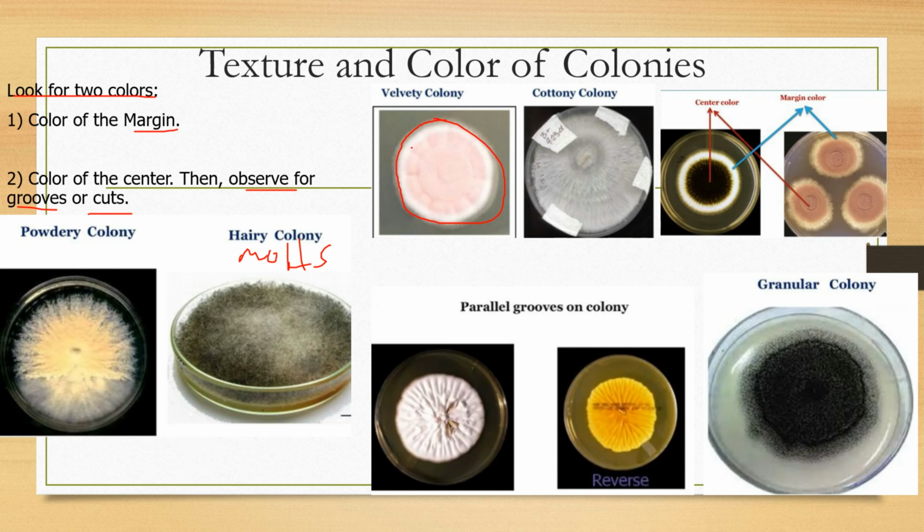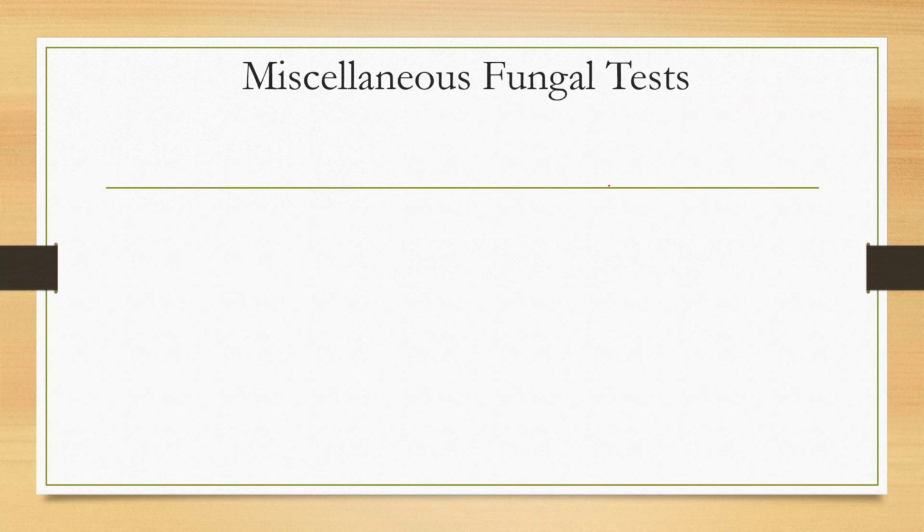So for the outer layer or outer circular appearance, and also for the center, look for grooves or cuts. So here, margin color, then center color, then look for grooves or cuts.